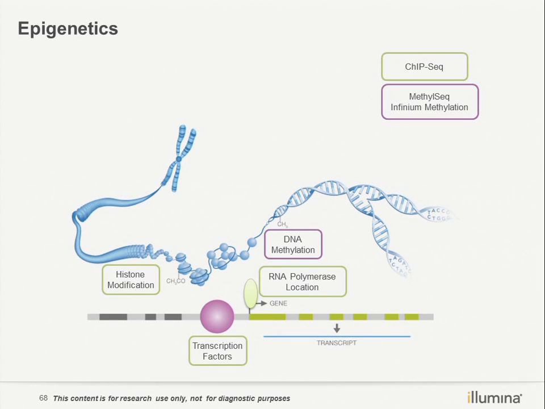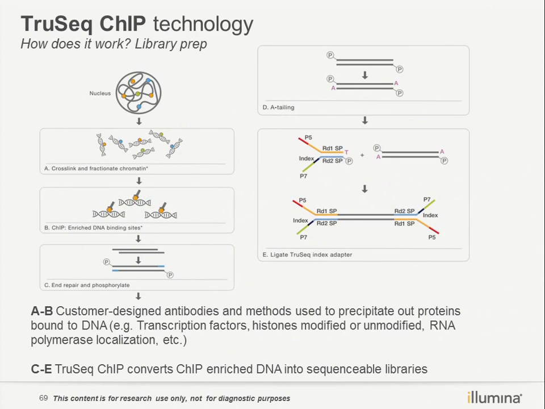So we have two different choices, methylation and DNA interaction with the proteins. In the overview, we fragment the chromatin, and we use some specially designed antibodies, some method to pull down these proteins. These proteins could be histones, could be some transcription factors.